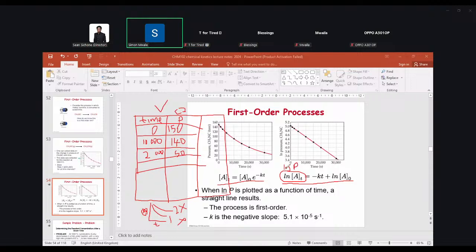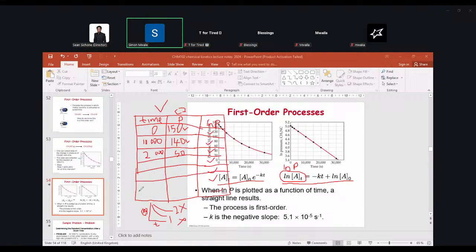Since you've been given pressure, you convert all these pressures to natural log of pressure. So you get the natural log of 150, the natural log of 140, and you put them all there.